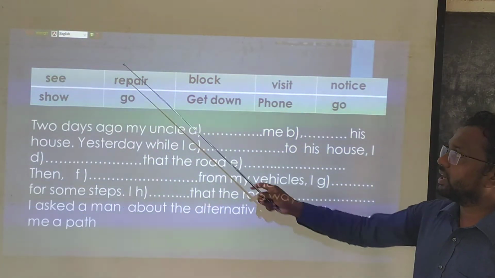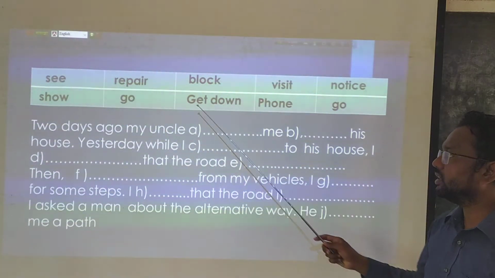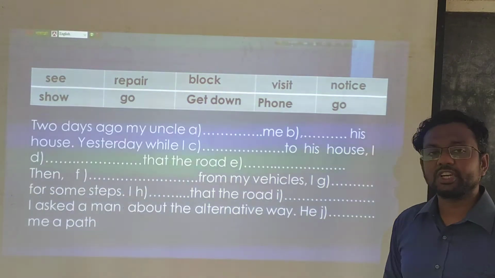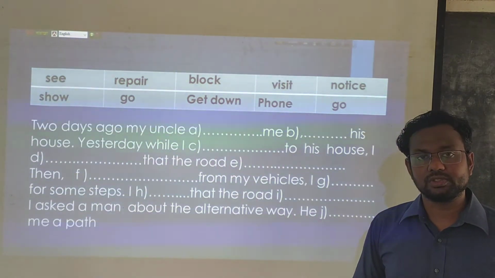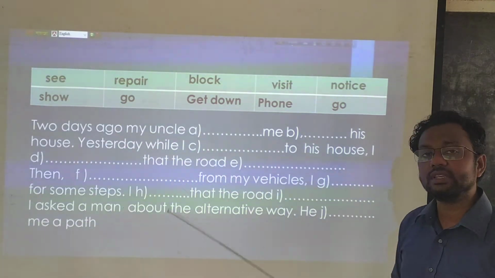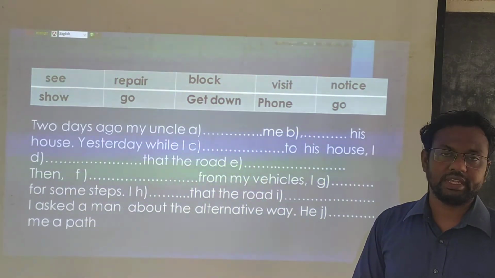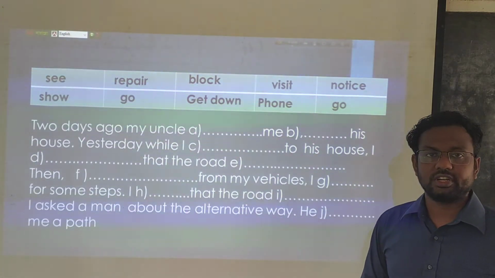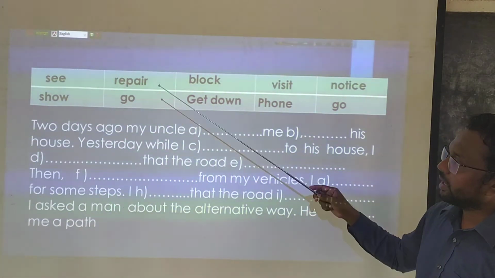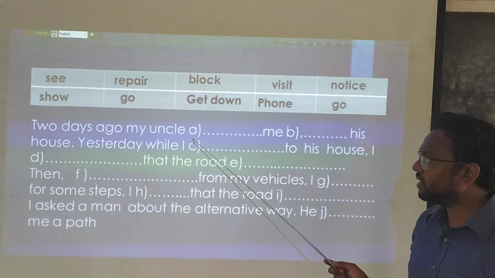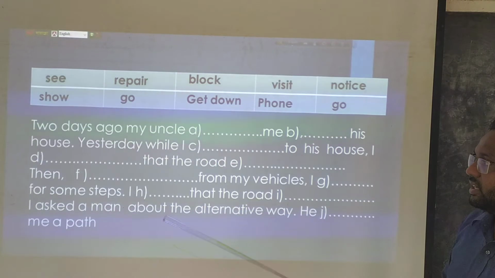From the list of verbs, we will place the appropriate verb. Today we will try to understand how to use the appropriate verb in the appropriate place depending on meaning, and through another process, how the appropriate form will be used. Dear students, here is the passage.